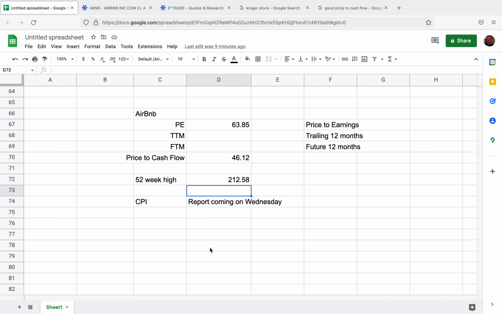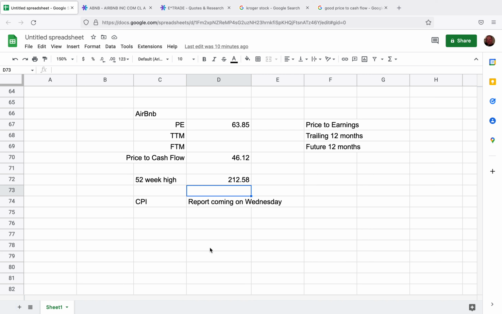So if the CPI, or the inflation rate, coming out on Wednesday is high, coupled with the jobs report that just came out that was also really good, the Fed is likely to increase the Fed funds rate. If you're not familiar, it makes the availability of cash harder. It makes it more expensive. And so the market usually tanks when the Fed raises its rates.